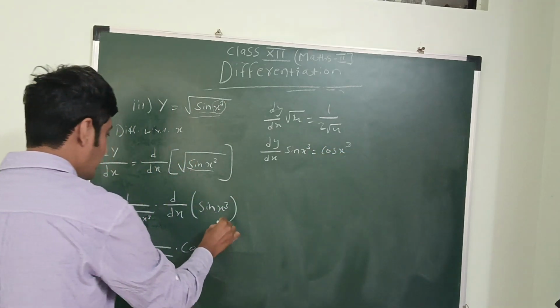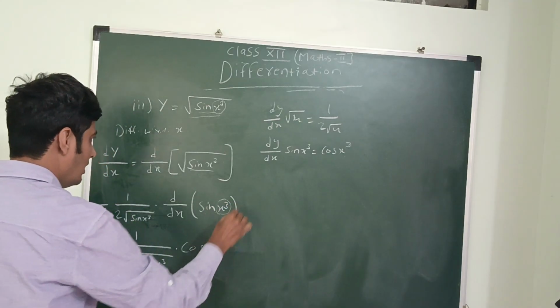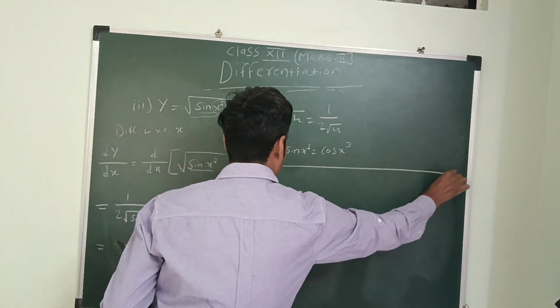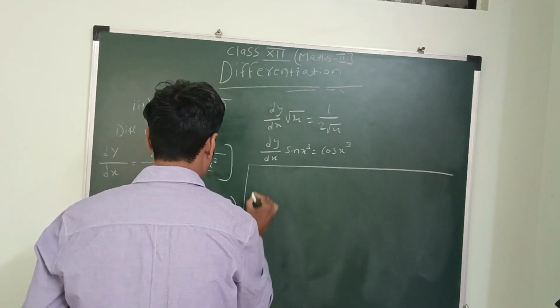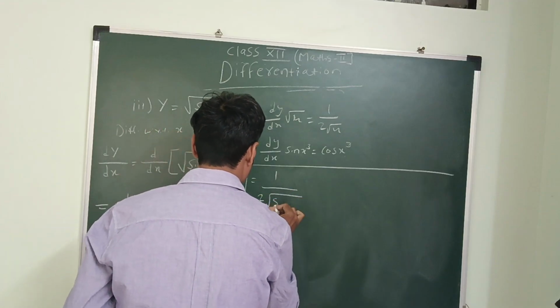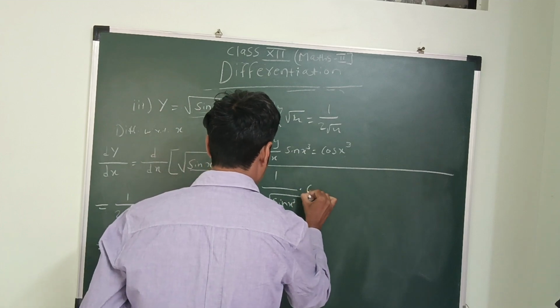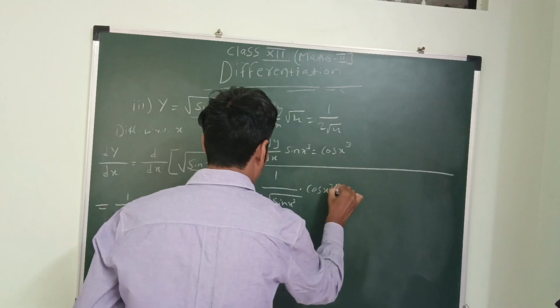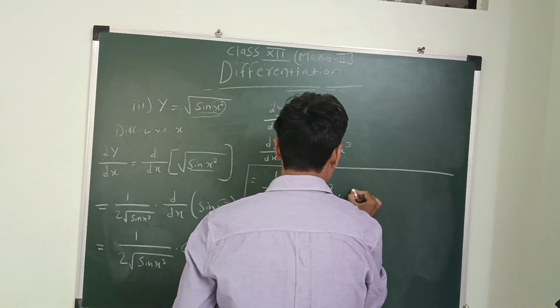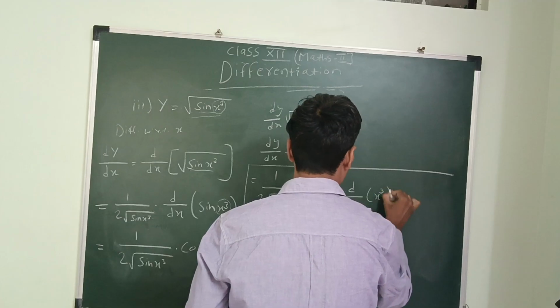Now let's differentiate the third function, which is x cube. This is equal to 1 upon 2 root sine x cube multiplied by cos x cube multiplied by d by dx of x cube.